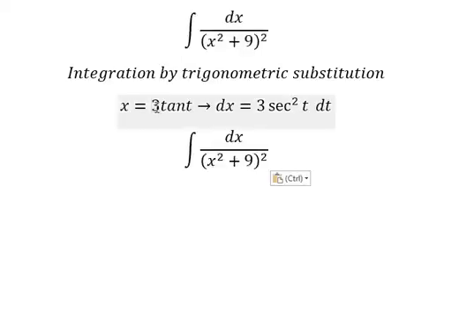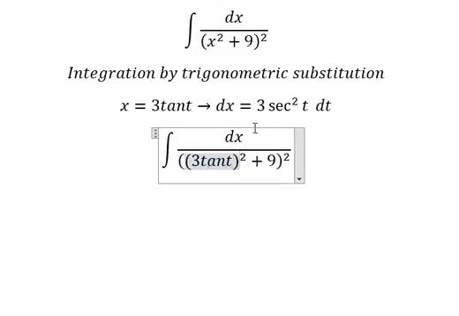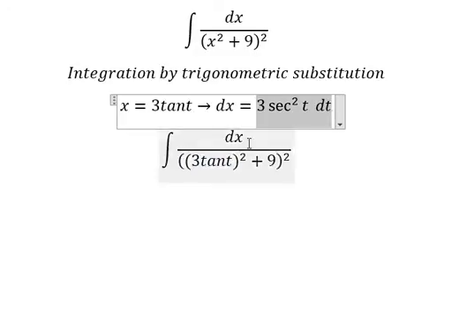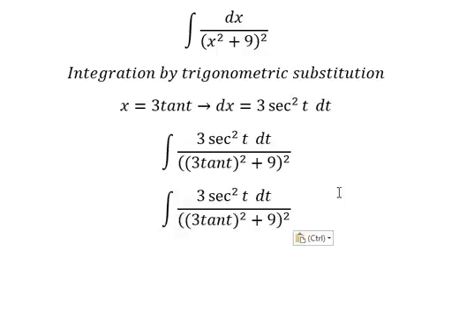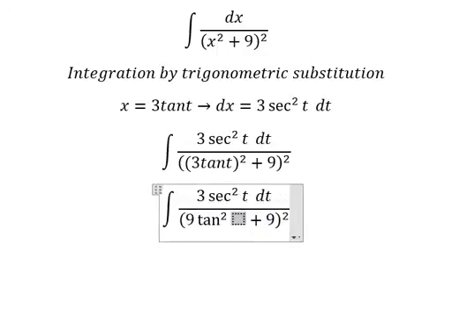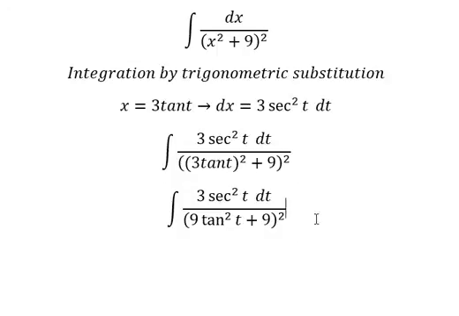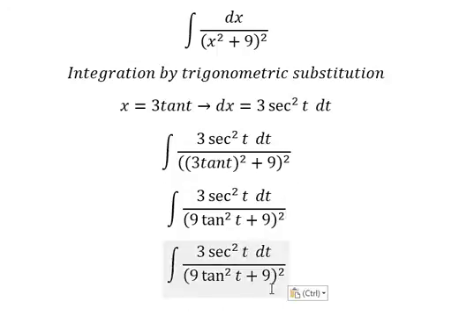So I will put this one gone here. ds we change by this one. So this one we have 9 tan t square, number 9 and number 9.